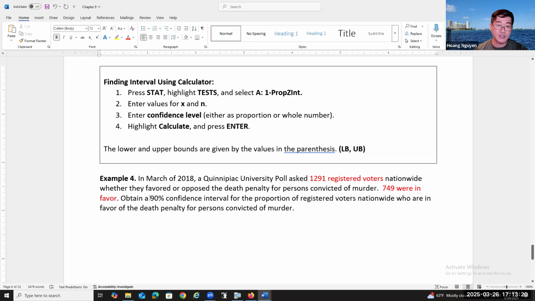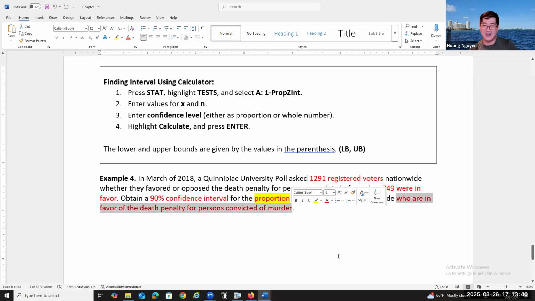Now the question is asking us to find the 90% confidence interval for what? For the proportion. Proportion of what? The proportion of registered voters nationwide who are in favor of the death penalty for a person convicted of murder. That's the characteristic we focus on.